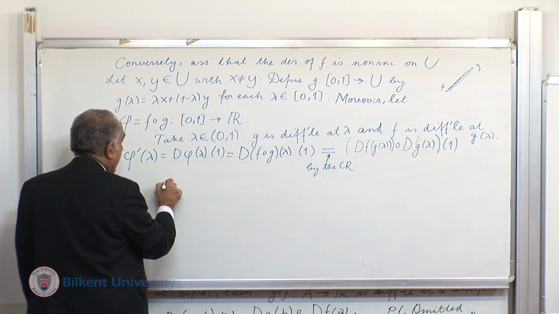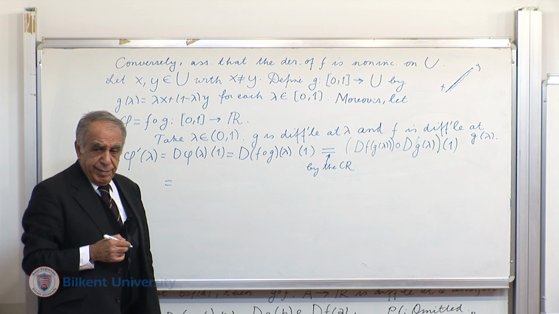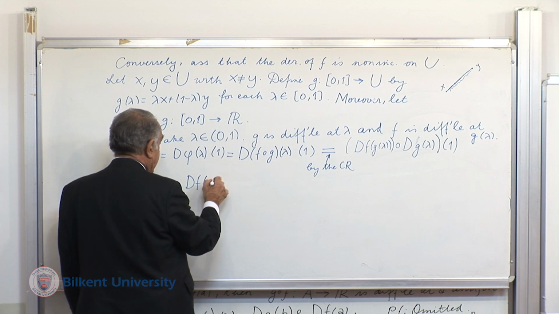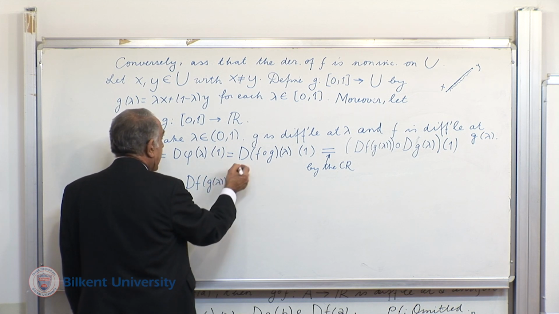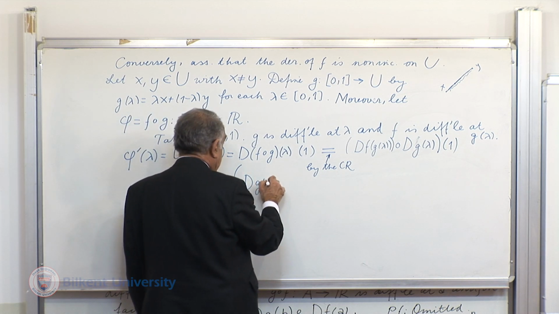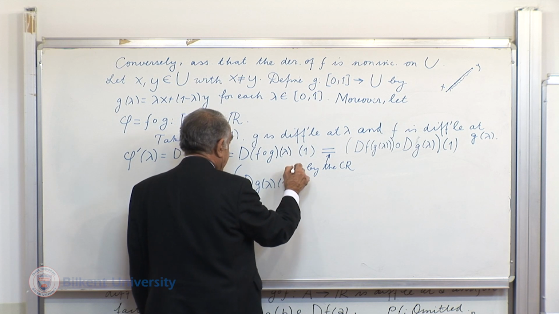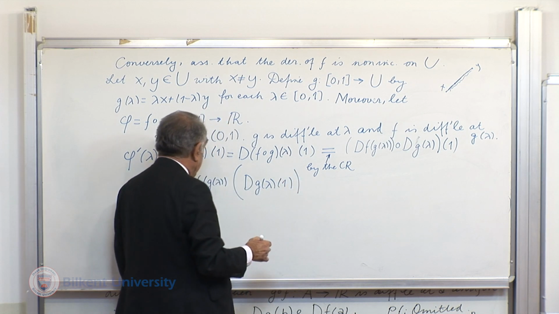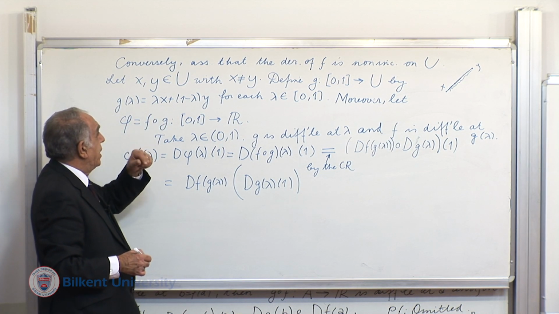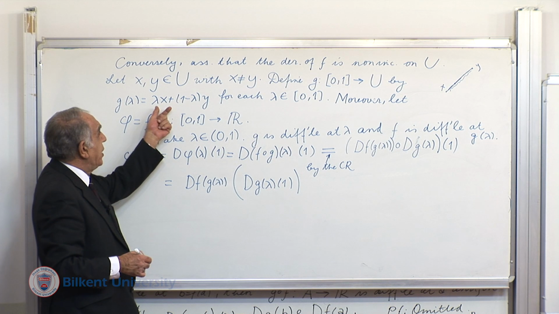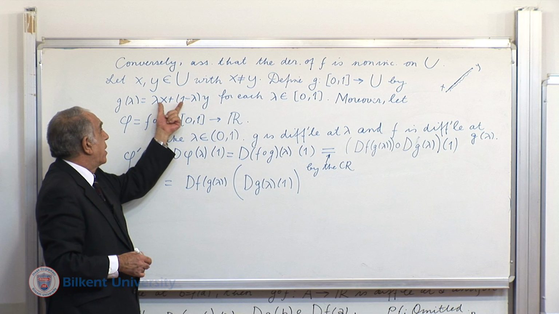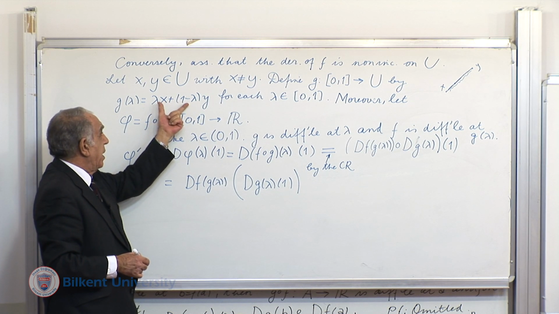Now, by definition of composition, this is df at g lambda, this linear map applied to dg lambda at 1. But what's dg lambda at 1? Well, it's the derivative of this with the real variable lambda.